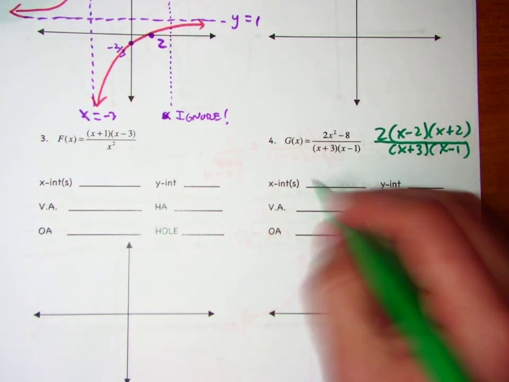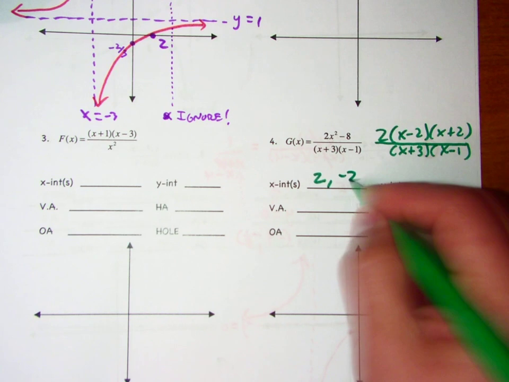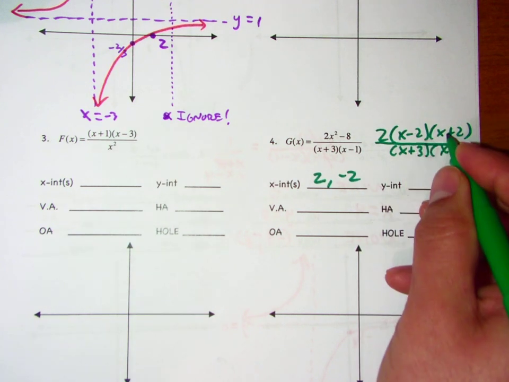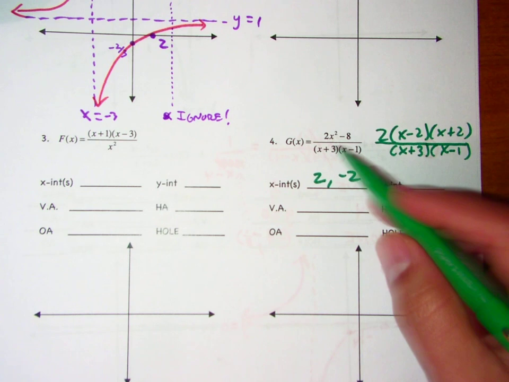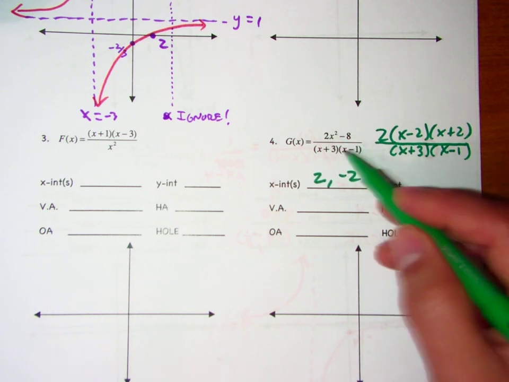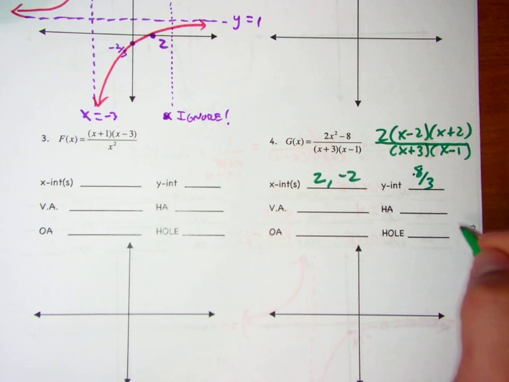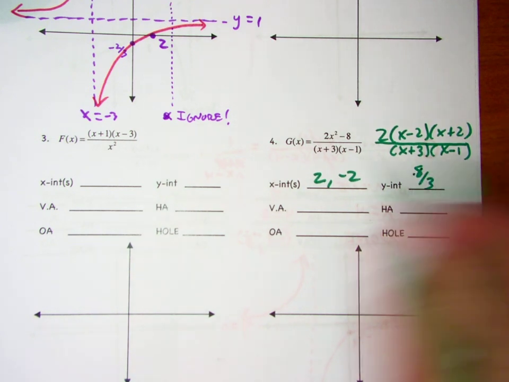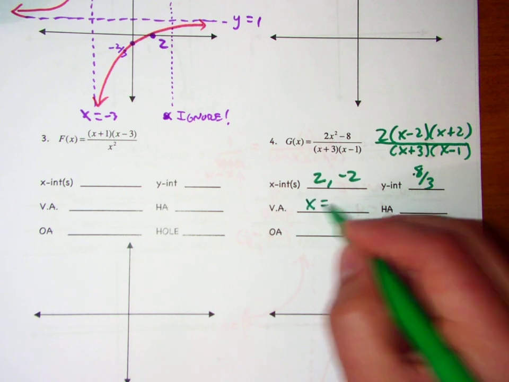So we have an x-intercept of positive 2 and negative 2. That's from this factor and that factor in the numerator. The y-intercept, if you plug 0 into the x's, you get negative 8 for the numerator, and then you get negative 3 for the denominator, so it'll be positive 8/3. The vertical asymptotes are going to be x equals negative 3 and 1.